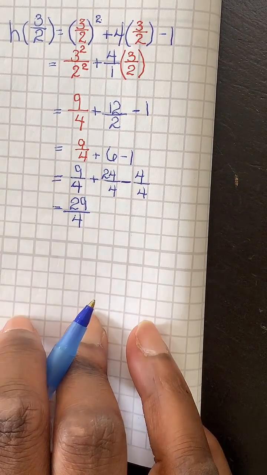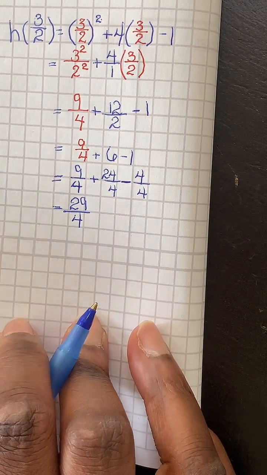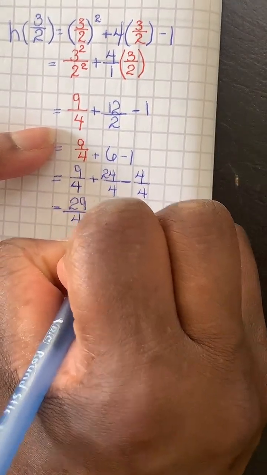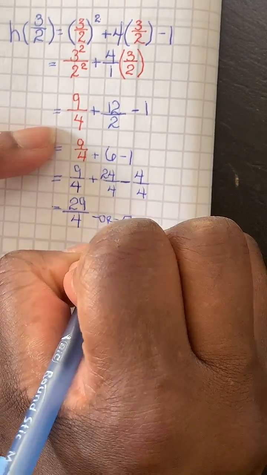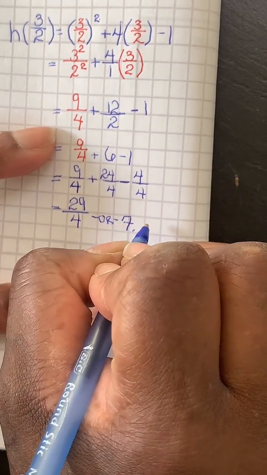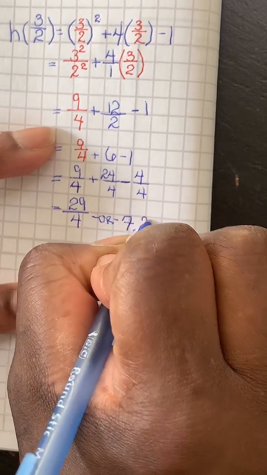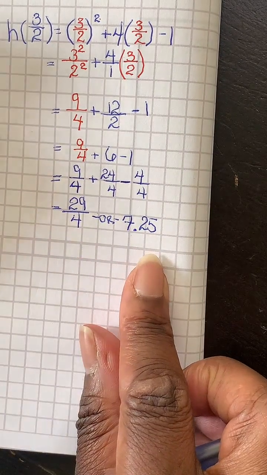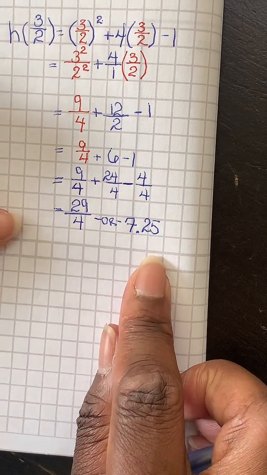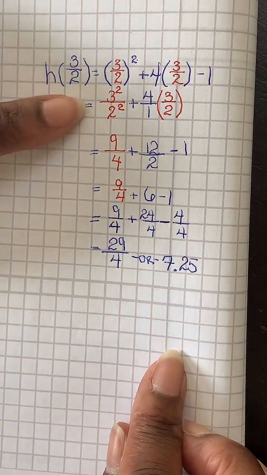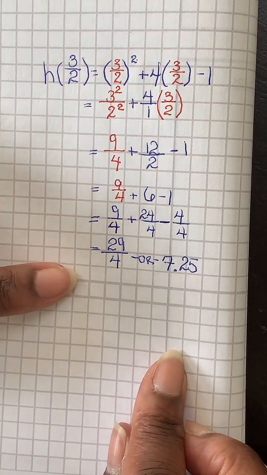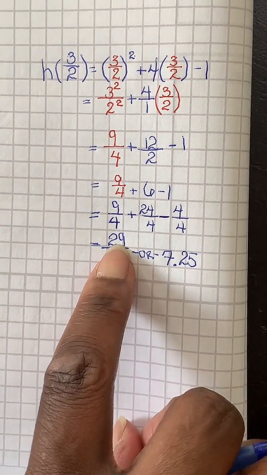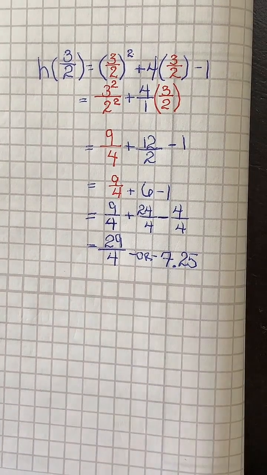And if you actually divide 29 by 4, for my decimal lovers, you will get 7.25. So if you want to convert it to a decimal and then do your stuff, you can. If you want to see how it's done as a fraction, you can, because 29 fourths cannot be reduced any lower. 29 is an odd number, 4 is an even number.